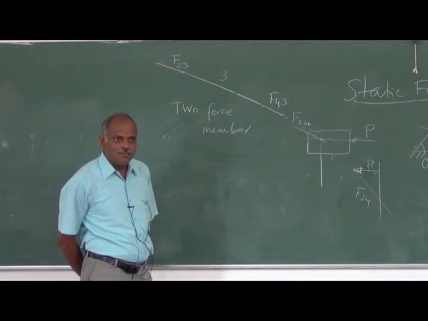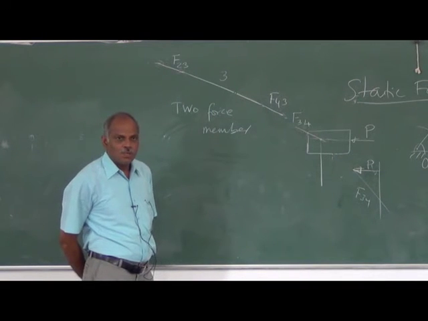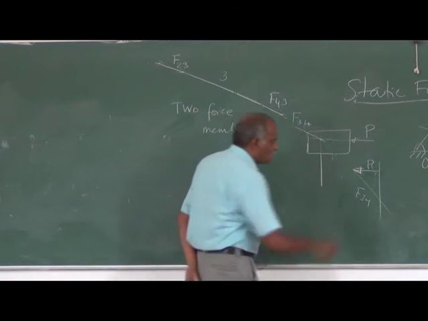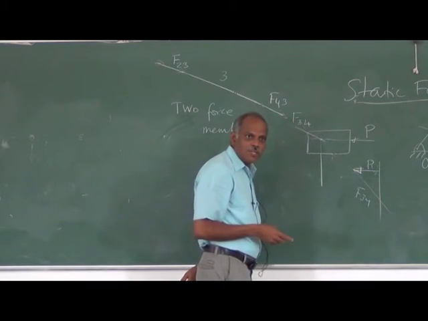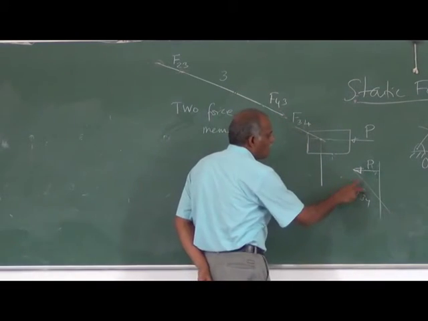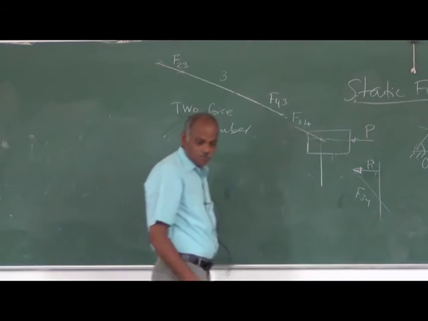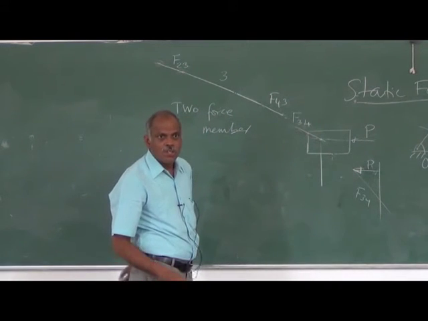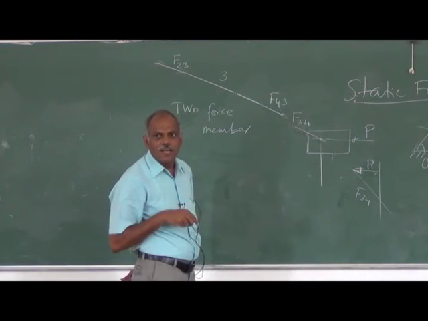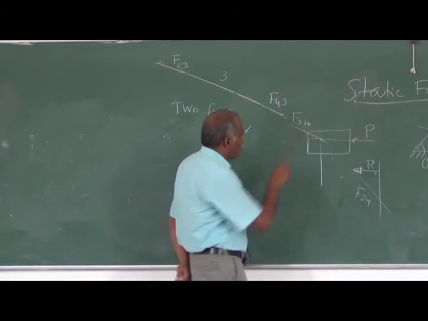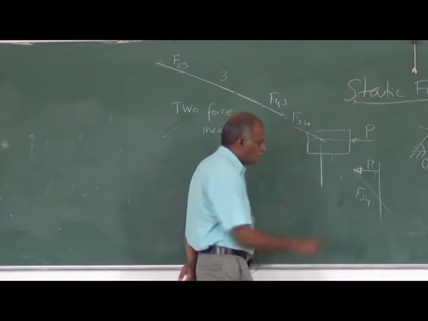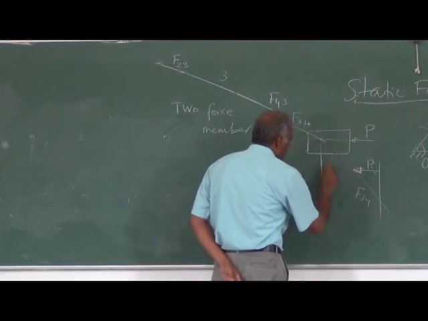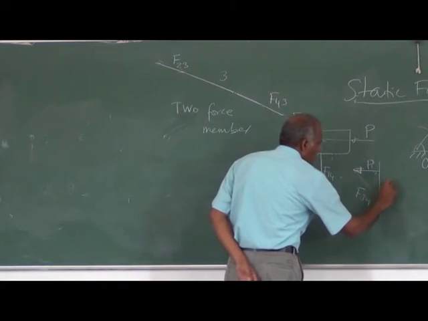So this is the triangle. This triangle will help me to determine the other unknowns, the magnitudes, and the specific direction I can find out. F34 is this, this is F14.